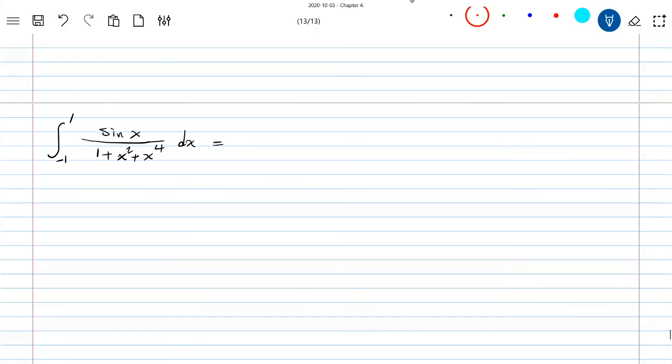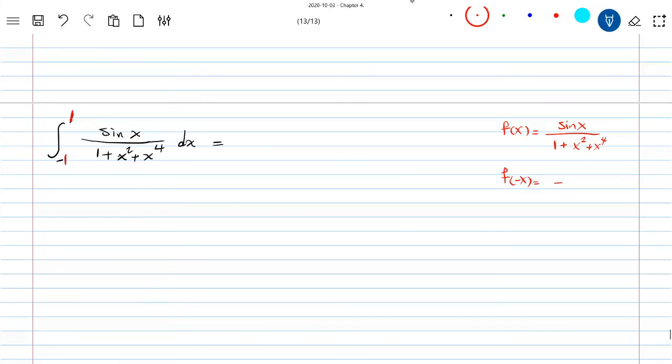But what we can notice is that the boundaries, -1 to 1, are symmetric. So we say, okay, if I pick the function f to be sine x divided by 1 plus x to the second power plus x to the fourth power, is it a symmetric function?